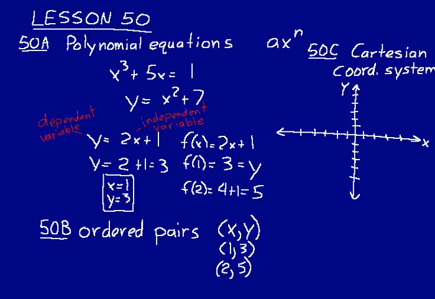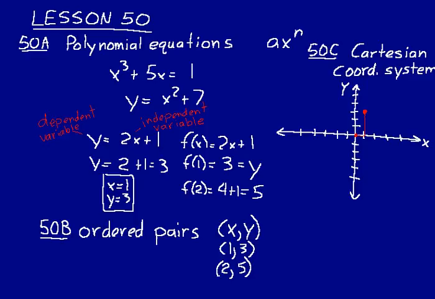For example, if you took that ordered pair 1, 3, you would start at the origin, move to the right 1, and then up 1, 2, 3, and you place a point right there, a dot, and that represents 1, 3.